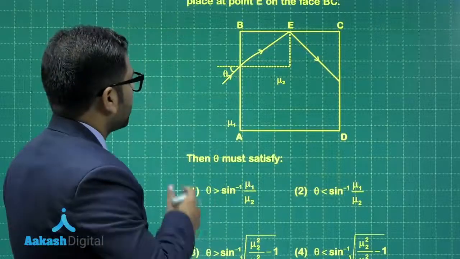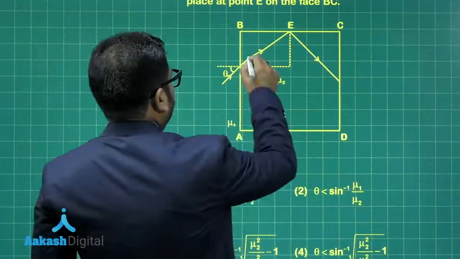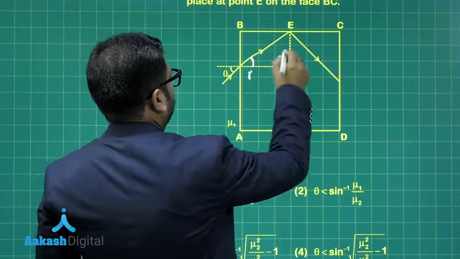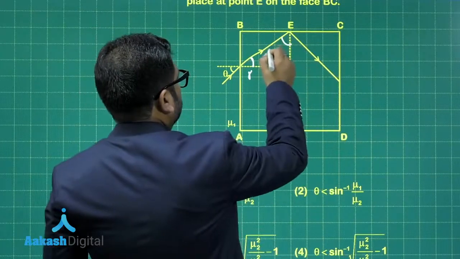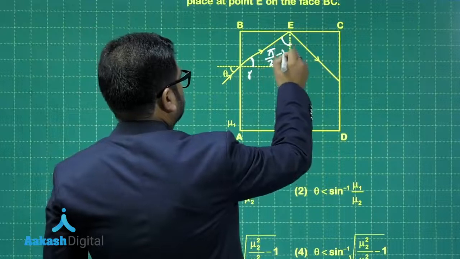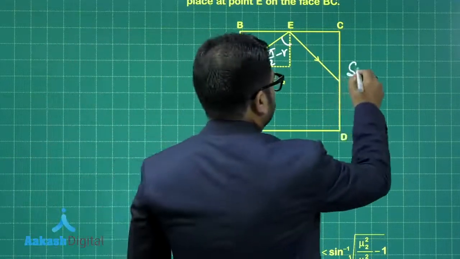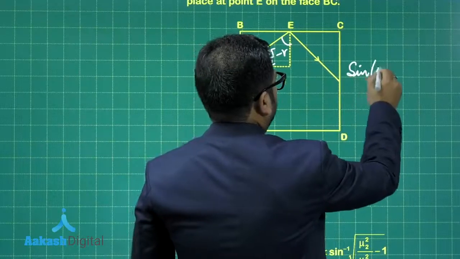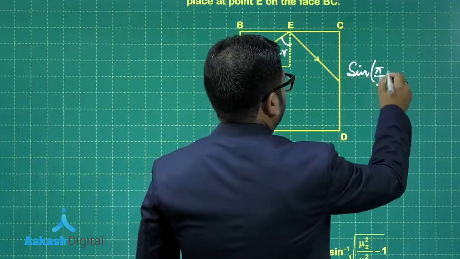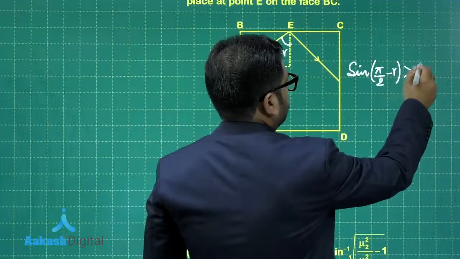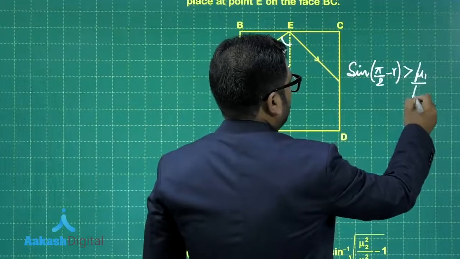Let's see. If I call this angle as r, so quite obviously this angle would be pi by 2 minus r. It's a straightforward one. The first thing is sine of pi by 2 minus r, that sine of this angle of incidence has to be greater than mu1 upon mu2.